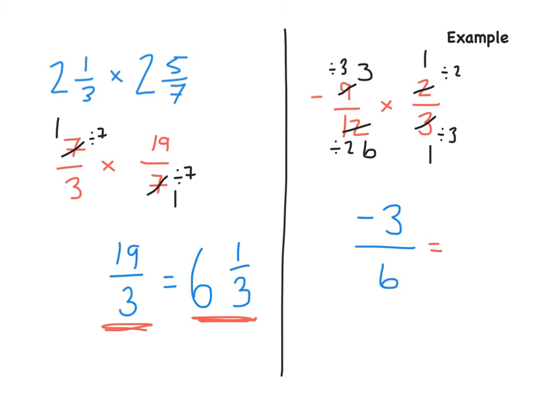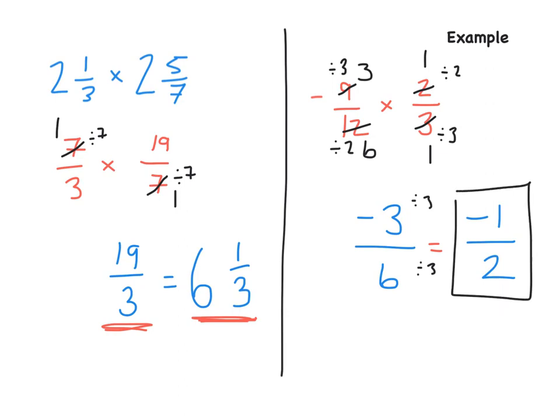We can divide both by 3. Negative 3 divided by 3 is equal to negative 1. And 6 divided by 3 is equal to 2. So our final answer is negative 1/2. So negative 9/12 times 2/3 is equal to negative 1/2.